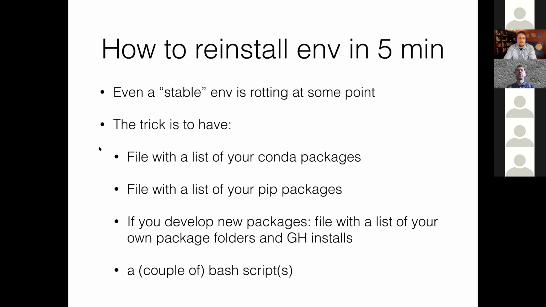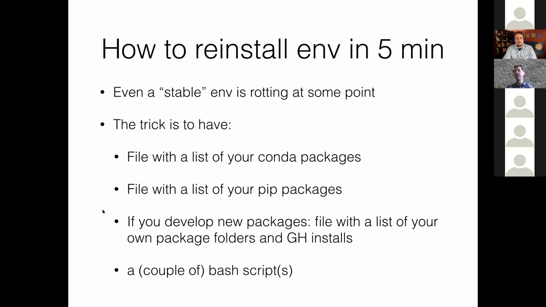You just write down, and this little bash script guides you through reinstallation of it, and I have hard-coded the path to my standard packages in that bash script. Of course, you could make that more dynamic if you need to, but basically this is all you need, because Conda can be given a list of your packages, and it will install from that file. And then you need a list of your favorite packages as well.